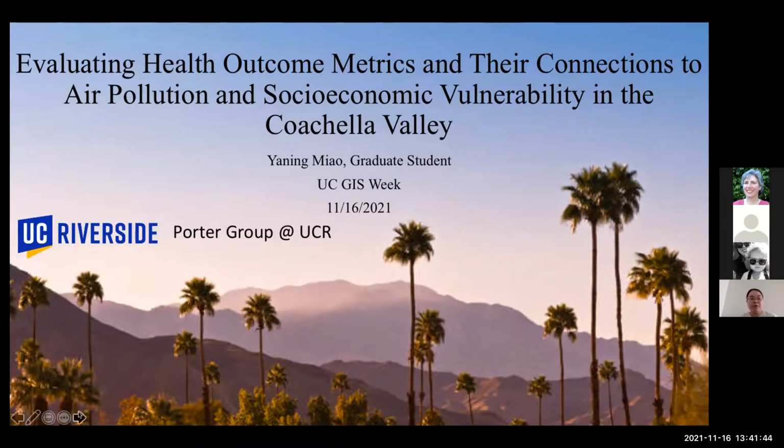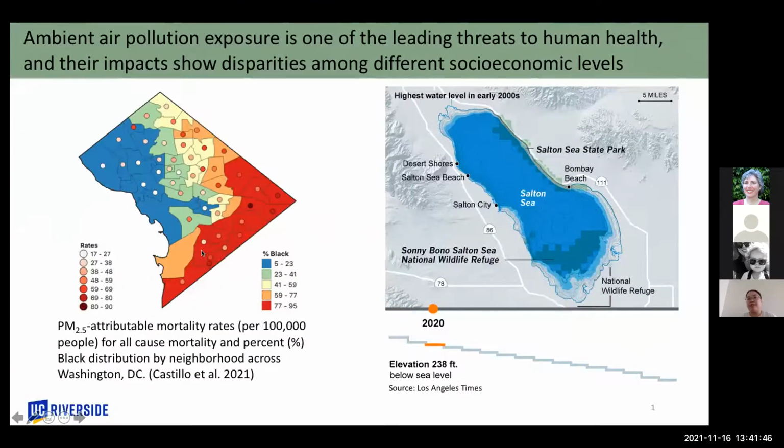As we all know, ambient air pollution exposure is one of the leading threats to human health, and beyond their general adverse human health effects, their impacts also show disparities among different socioeconomic levels. So for example, on this map, we are able to see that areas with a higher proportion of Black people tend to have relatively high PM 2.5 attributable mortality rates.